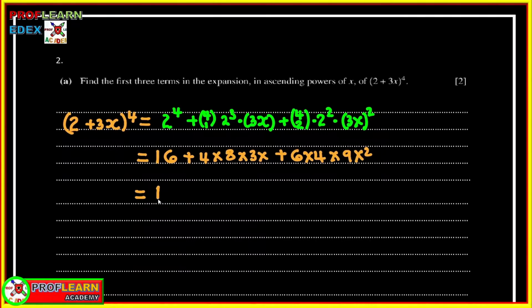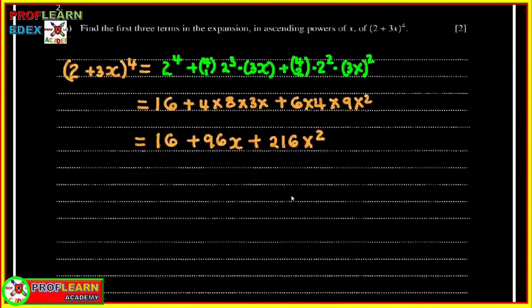So this is going to simplify to 16 plus 96x, then plus 216 x squared. So this is the first part of the question.